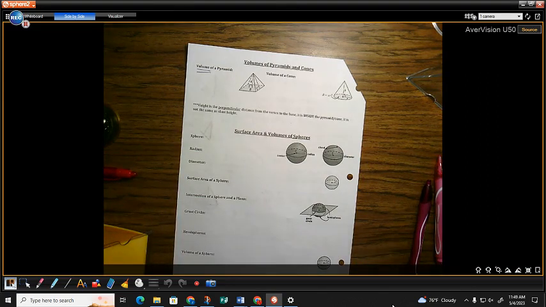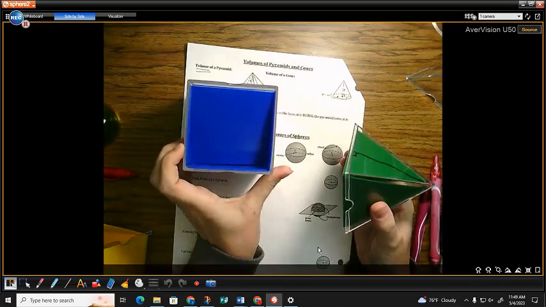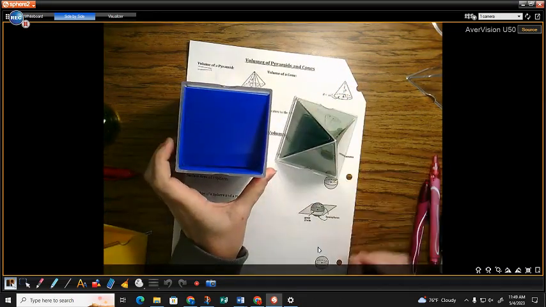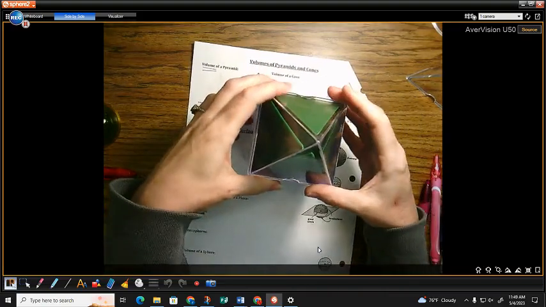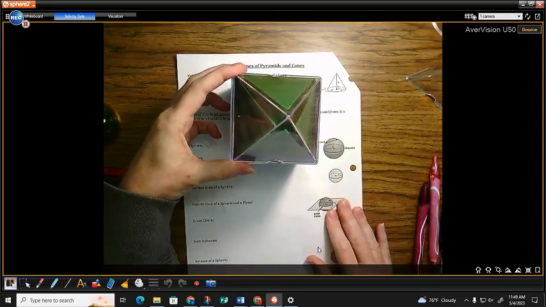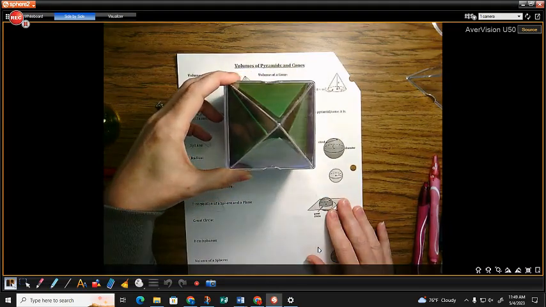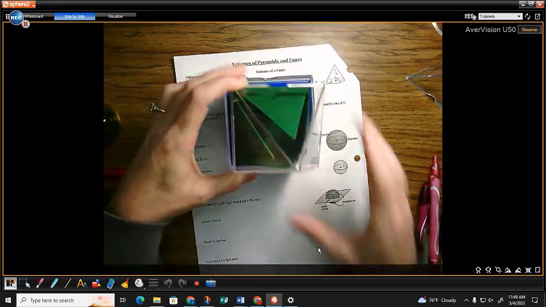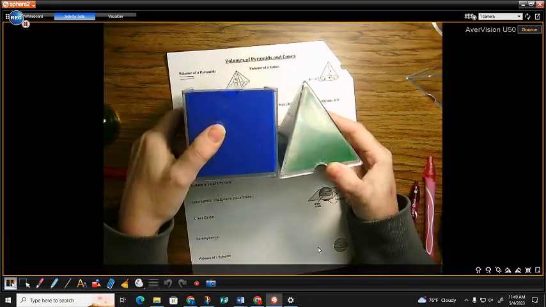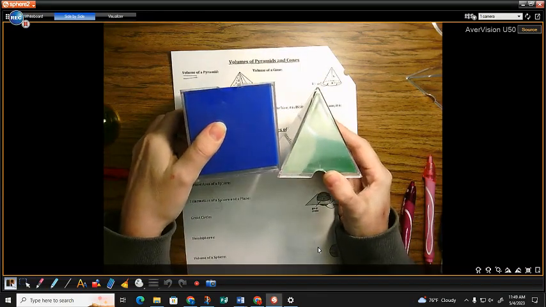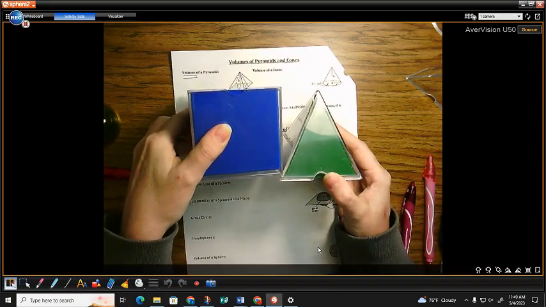And so, to figure that out, we're going to do a little fun stuff, and those on the video are just going to have to listen and not get to see. So I'm going to show you, here is a prism, and here is a pyramid that have exactly the same base. Okay? What shape is the base? It's a square. They both have square bases. And this pyramid is going to be the same height as the base.